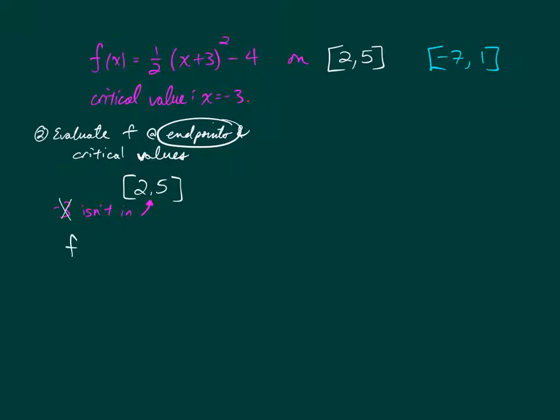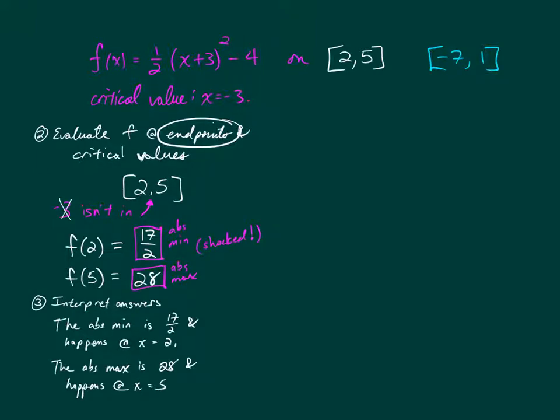So we need to figure out what is f of 2 and what is f of 5. So here is what you get when you substitute 2 in for x and 5 in for x. You get 17 halves for 2 and 28 for 5. And then we can just go through and write down the conclusions again.